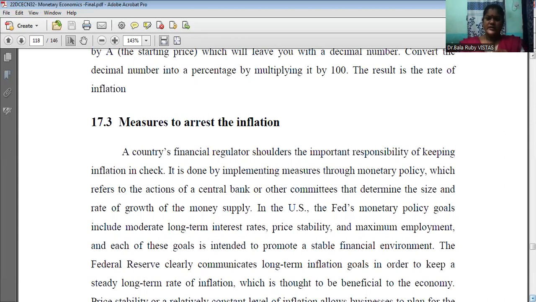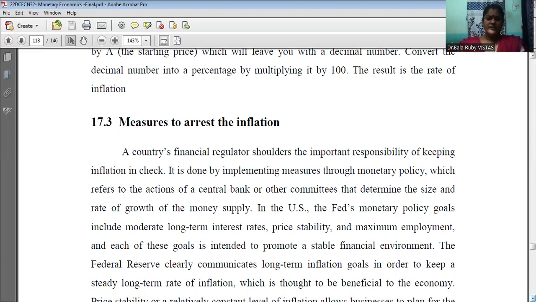In the US, the Fed's monetary policy goals include moderate long-term interest rates, price stability, and maximum employment, as each of these goals is intended to promote a stable financial environment.